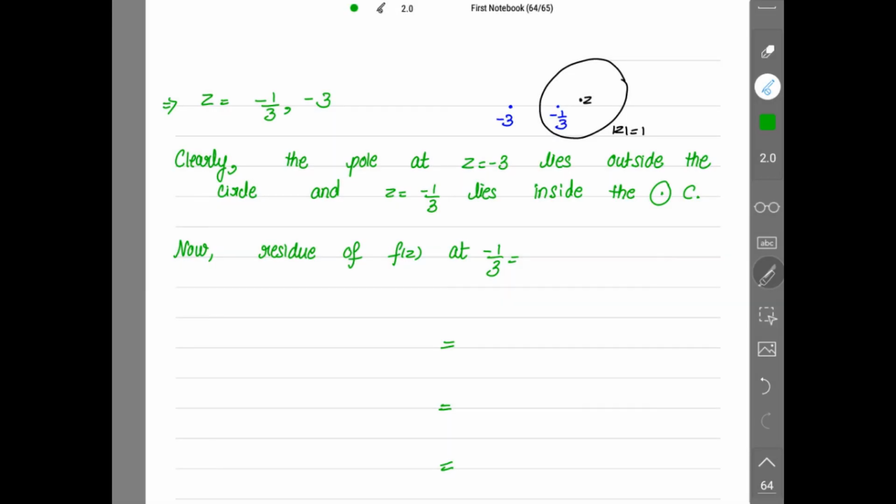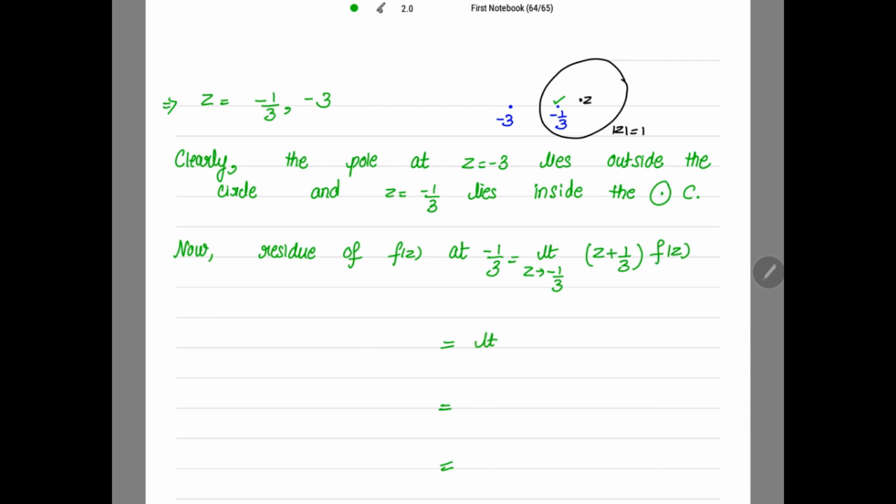Now the residue of f(z) at minus 1 by 3: I have only one pole inside the circle, so only I have to find the residue for this pole. So this is equal to the limit z tends to minus 1 by 3 of (z plus 1 by 3) f(z), because it is z minus 1 by 3, so it will be z plus 1 by 3.